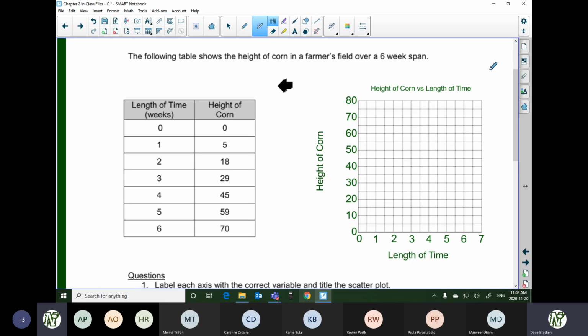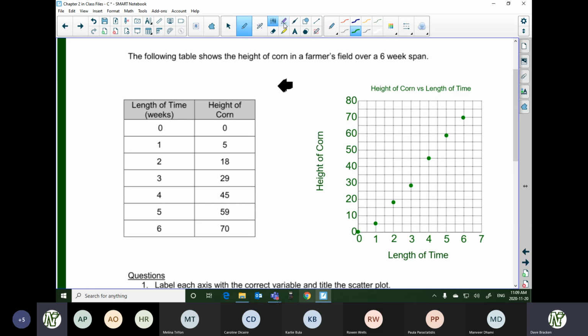Just try to get as accurate as you can. Guys have something that looks like that?